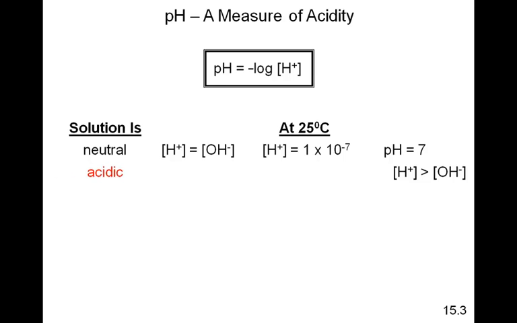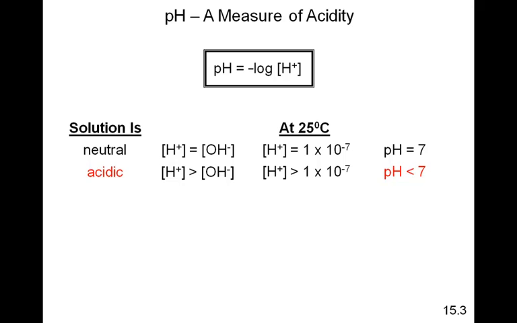A solution is acidic when the H plus concentration is greater than the OH minus concentration, as we stated earlier. Therefore, the H plus concentration now has to be greater than 1 times 10 to the negative 7th. And when that is true, the pH is going to be less than 7. So any pH less than 7 is going to be acidic.